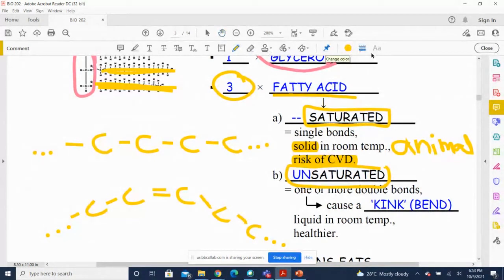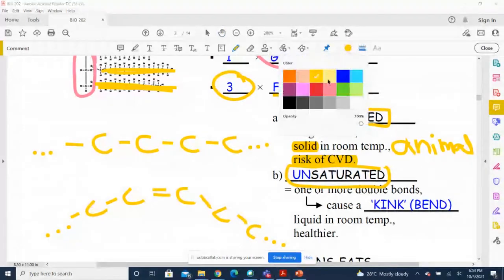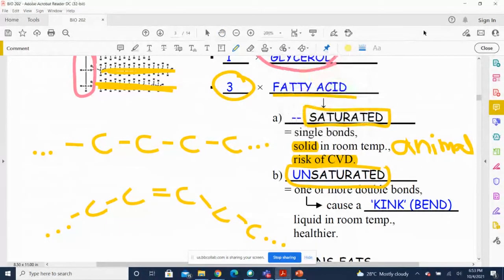This double bond causes the structure of the fatty acid to have a kink in its shape, whereas the saturated fatty acids were straight chains. Whenever there's a double bond, it causes the chain to have a little bit of a bend in it.